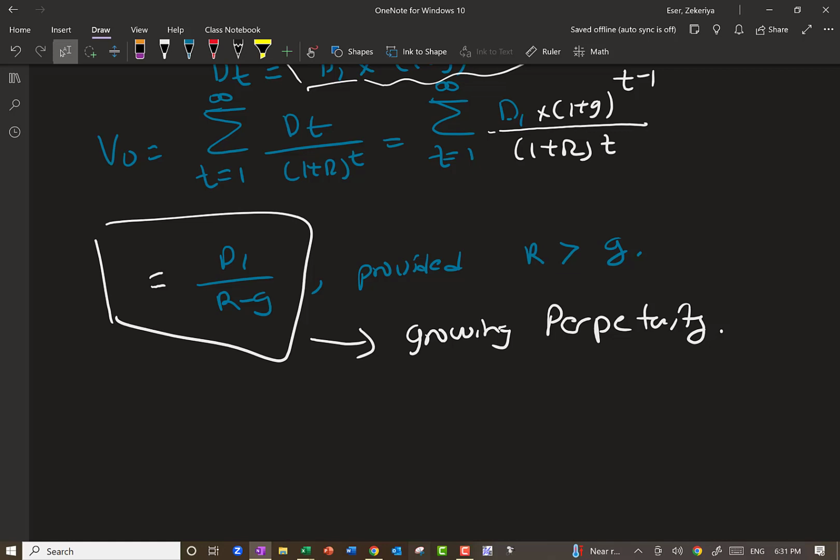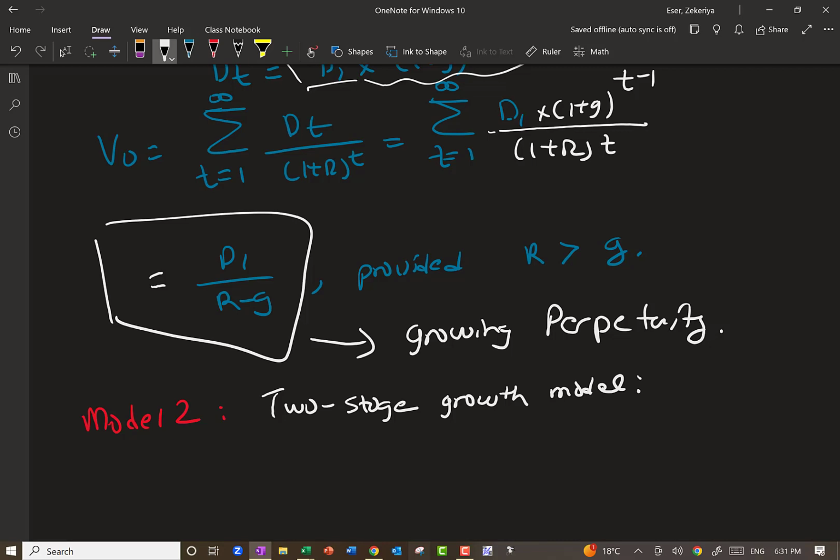And sometimes we will also do, let's call it Model 2, the two-stage growth model. For established companies, the assumption that dividends are going to grow at a constant rate is a reasonable one.